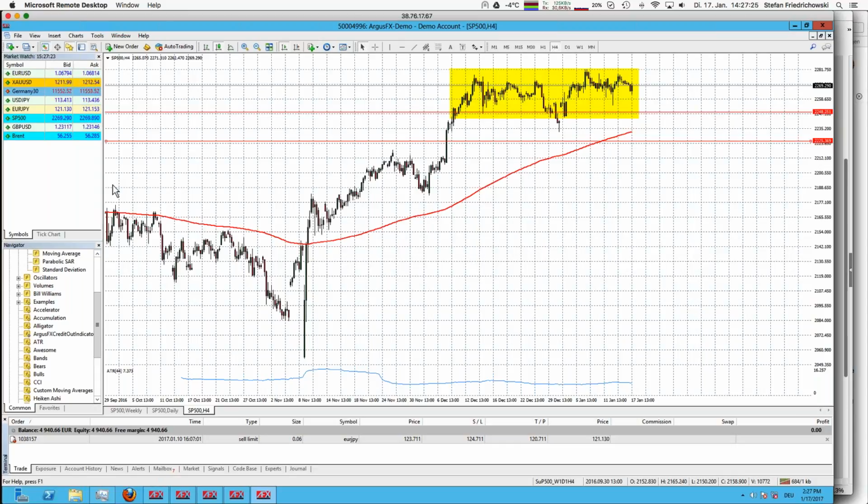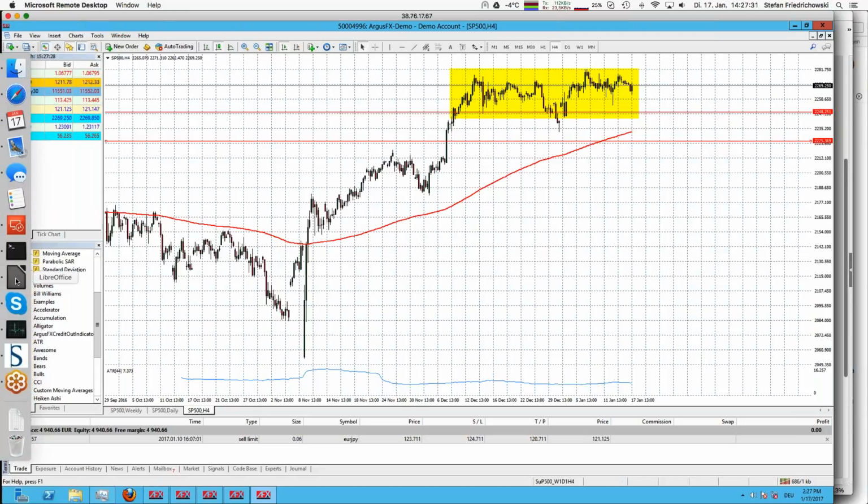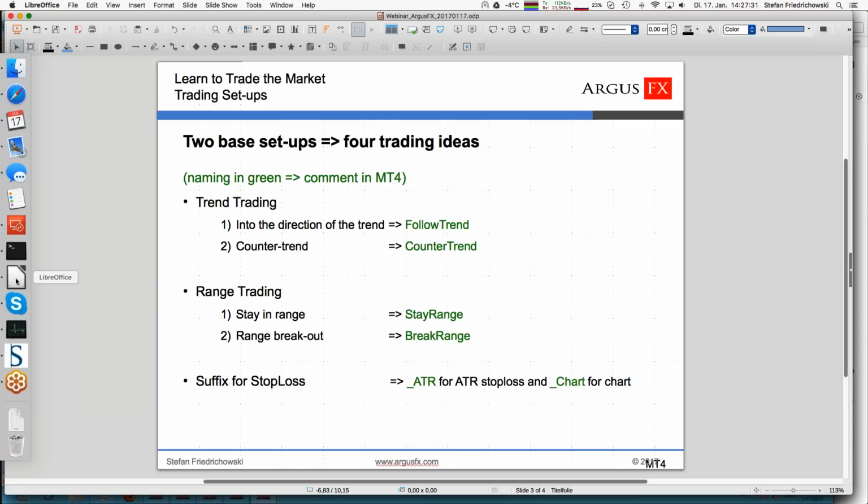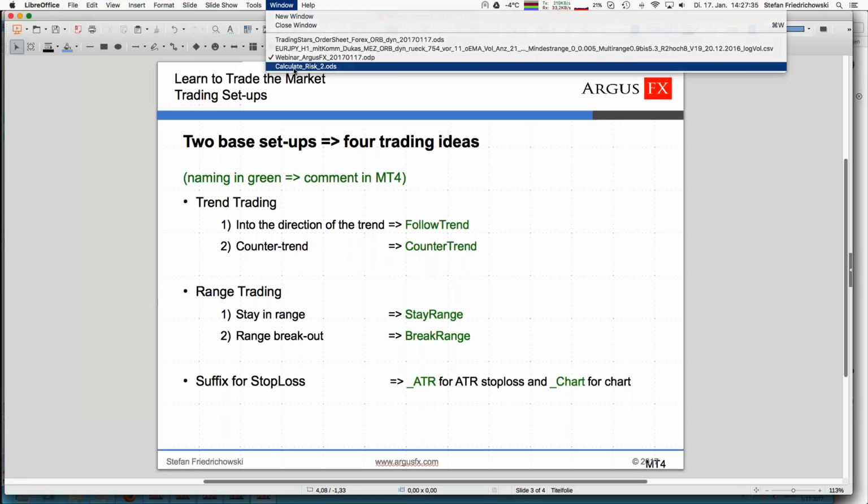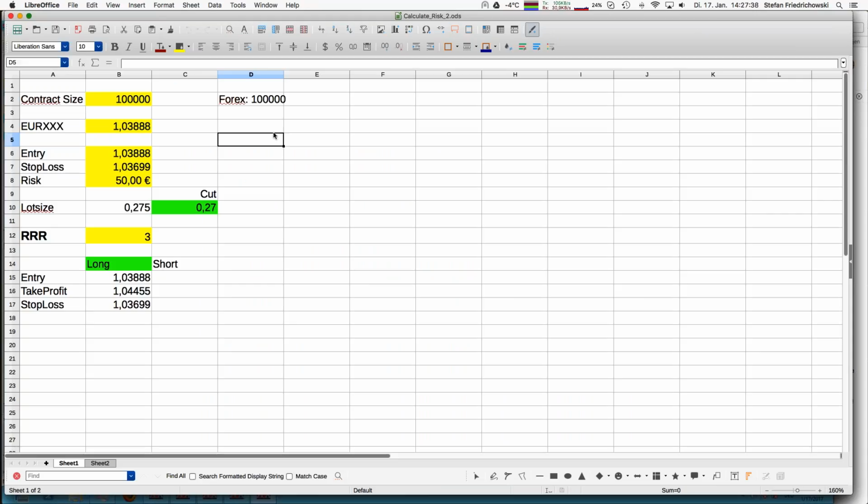And now it's time to calculate our lot size for that trade. And then we go back to our Excel sheet for that calculation. And still, I hope you remember the contract size for S&P 500 is simply 1.